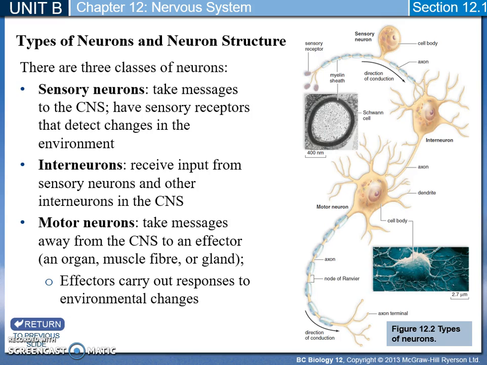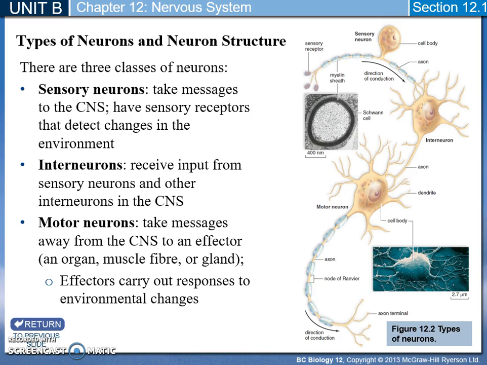So here, again, we have the types of neurons and the neuron structure. There are really three classes of neurons. We have the sensory neurons, so these take messages to the central nervous system. They have sensory receptors that detect changes in the environment, and they transmit that information to the central nervous system. We do have interneurons, and they receive input from sensory neurons and other interneurons in the central nervous system.